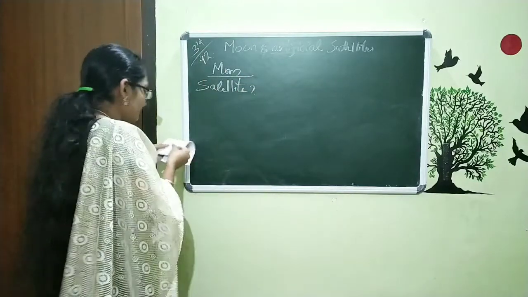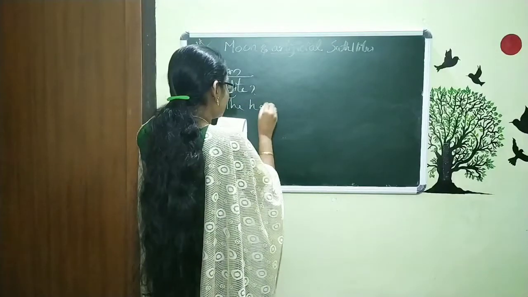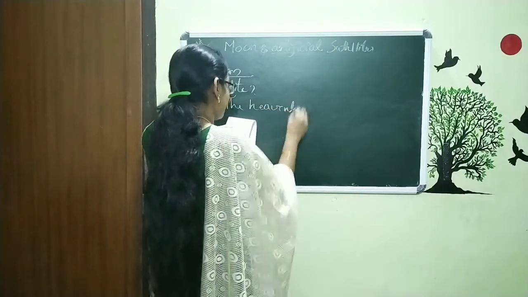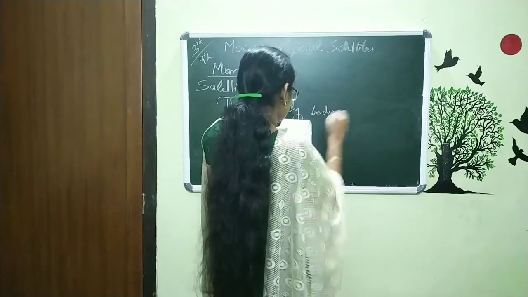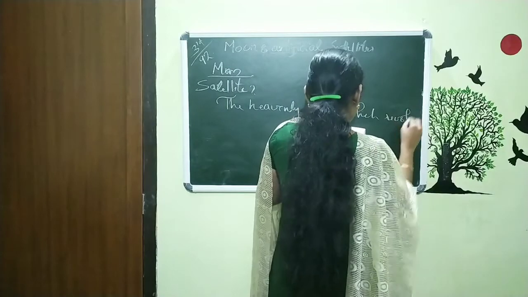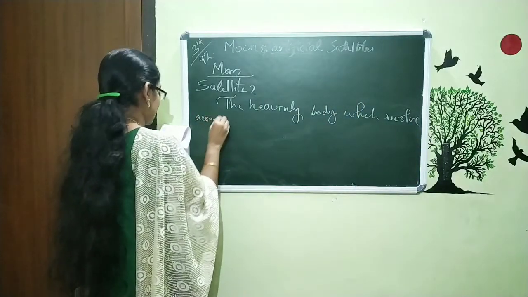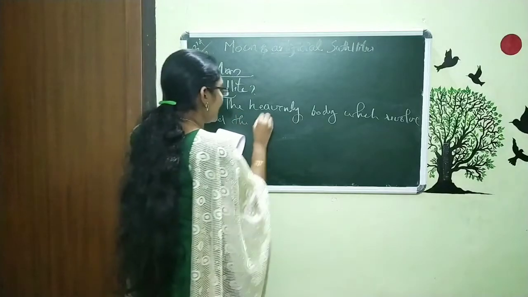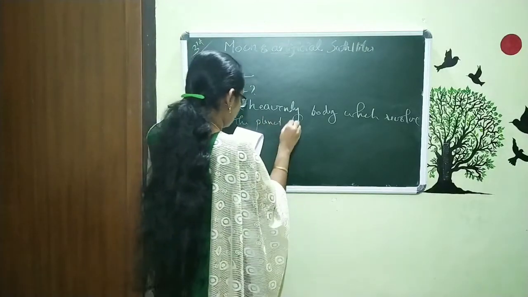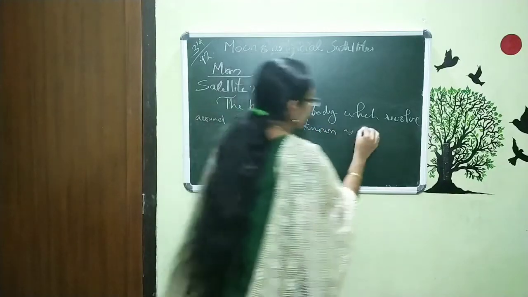Satellite. So the definition is this, the heavenly body which revolves around the planet is known as a satellite.